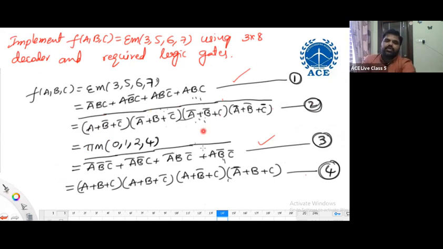And coming to equation number 3, when product terms are there, taking OR followed by NOT, what can be the gate? NOR gate. Am I right? When you are implementing equation number 3, it is obvious: ORing of product terms, not of that. It is a NOR gate.